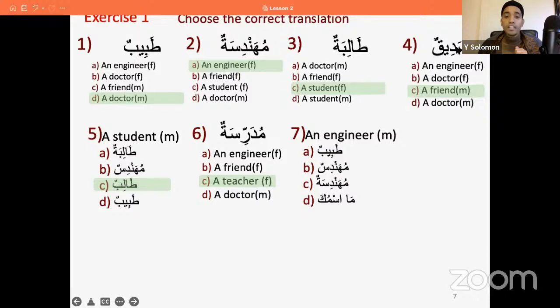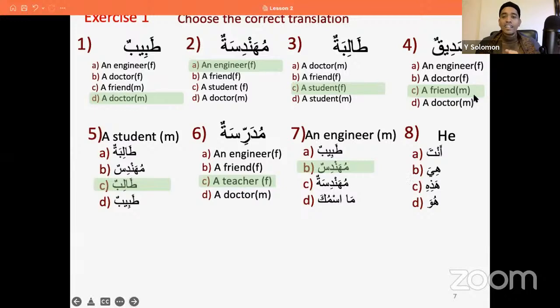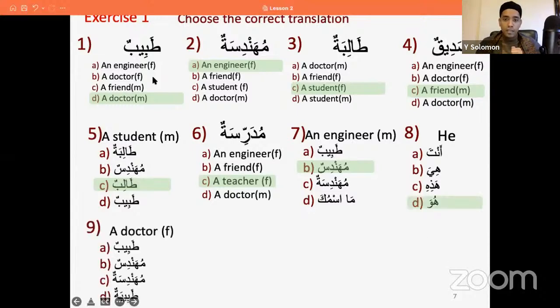Okay. A male engineer. Is it tabibun or is it muhandisun? Or muhandisatun? That's correct. Muhandisun. Okay. The word he. Is it anta? Is it hiya? Is it hadihi? Is it huwa? Excellent. Okay. How about a female doctor? Is it tabibun, muhandisun, muhandisatun, tabibatun?